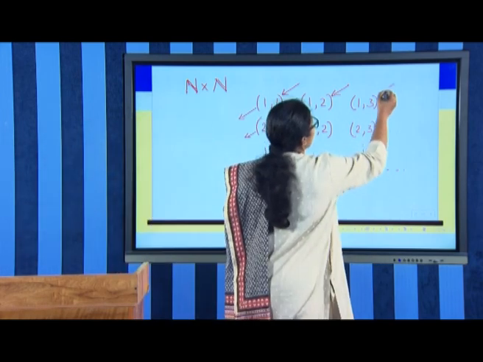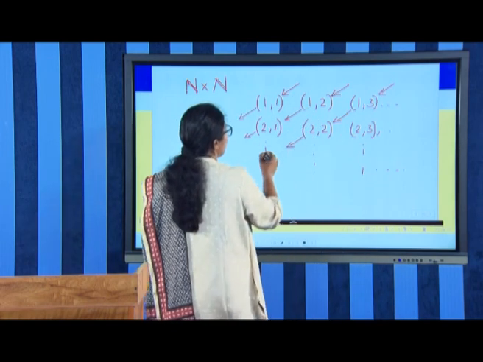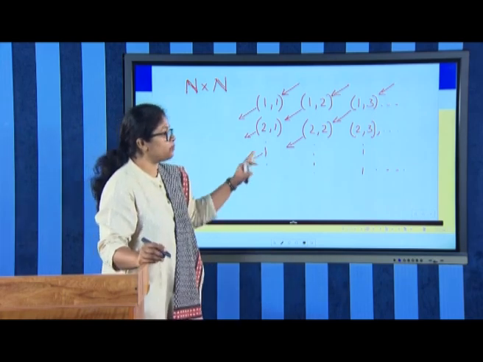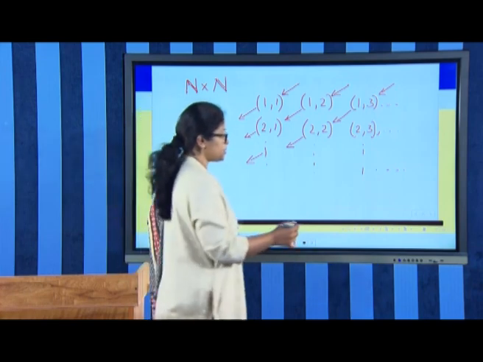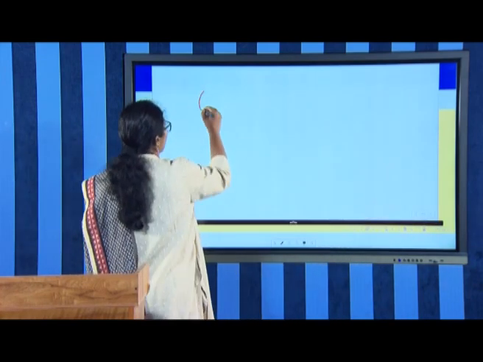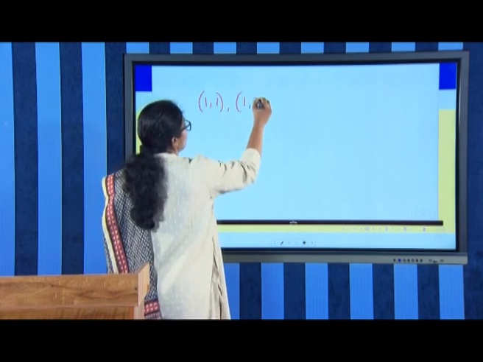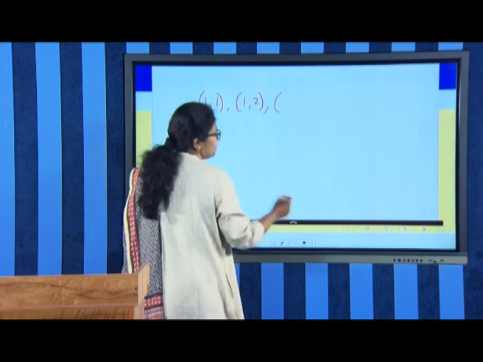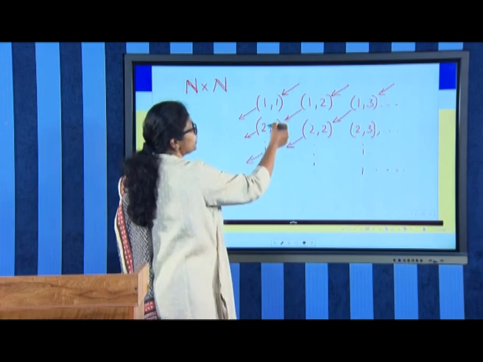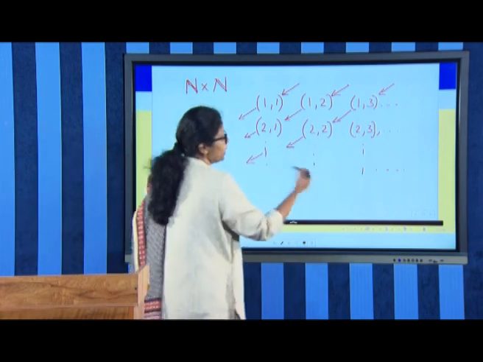The third diagonal is (1, 3), (2, 2), (3, 1) and so on.